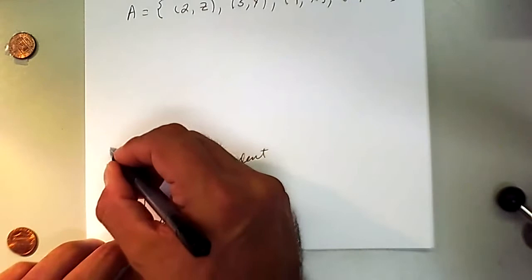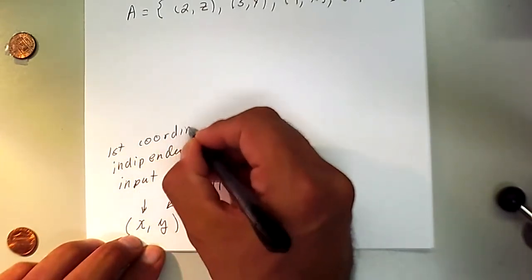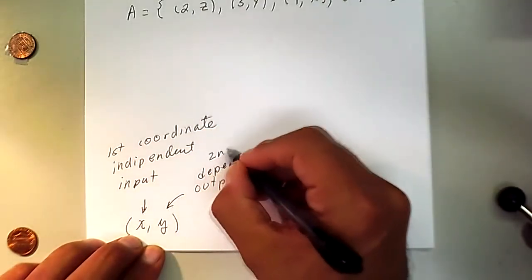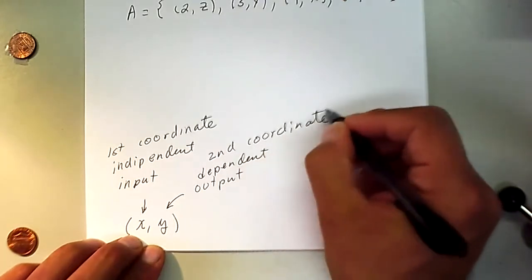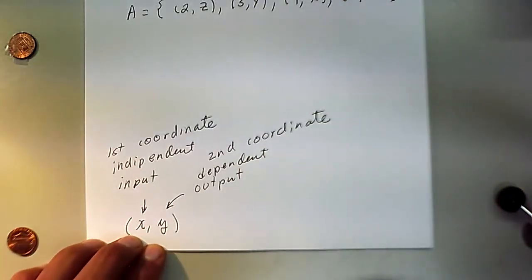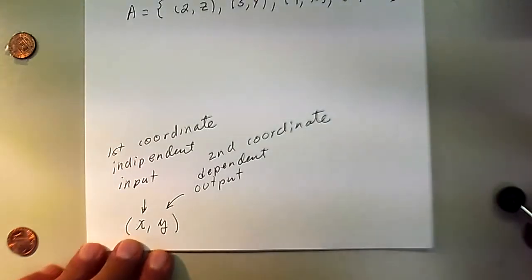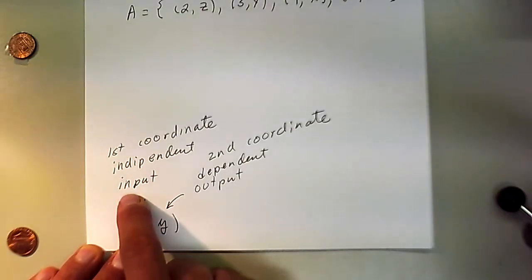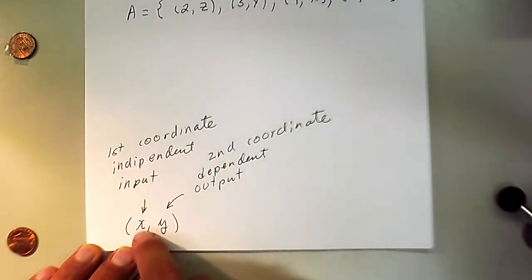First coordinate, second coordinate. And those are the main names for those parts of the pair. So the pair contains two parts to it. The first one is called the input, the independent, oftentimes variable, if we have a variable.